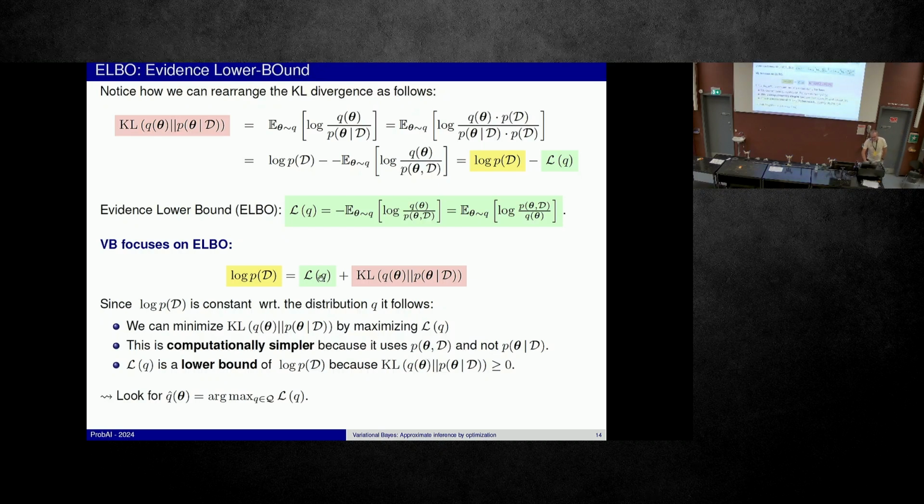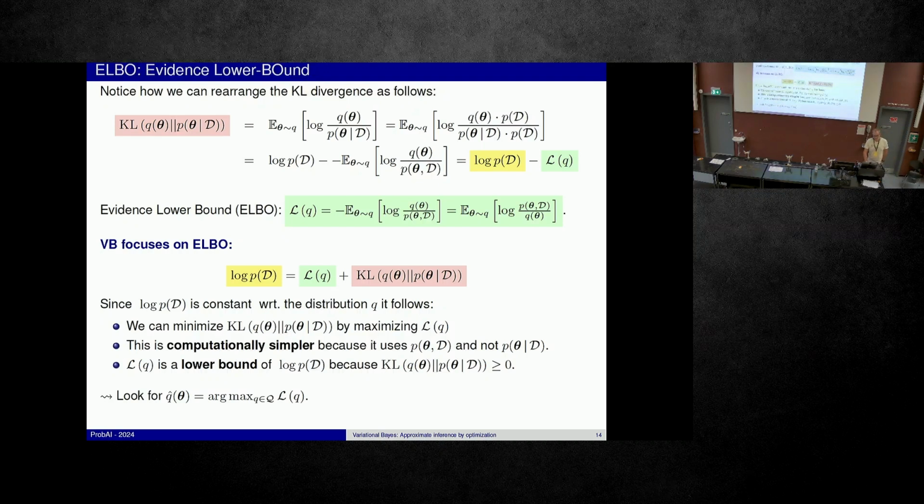And the clever thing now is to realize that this here does not depend on Q. Okay? So if I'm changing my Q distribution, my approximation, then whatever happens here needs to be reflected here. If this one goes up by something, this one needs to go down by something, or the other way around, because the sum is constant, right?